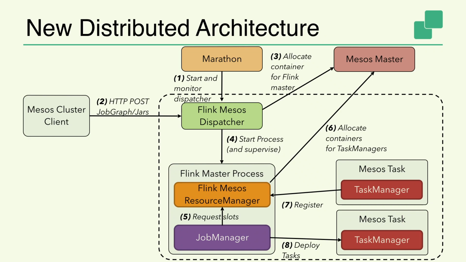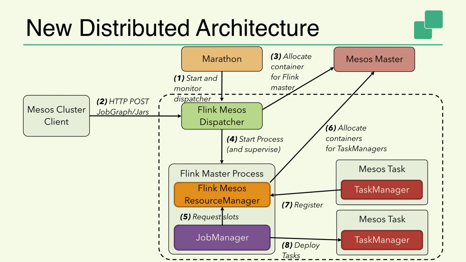So when you start a Flink cluster on Mesos, you would register it with Marathon, or you would tell Marathon to start this Flink Mesos dispatcher. Marathon is a service which makes other services highly available on Mesos. Then, once this Mesos dispatcher has been started, the client will only talk to this dispatcher.